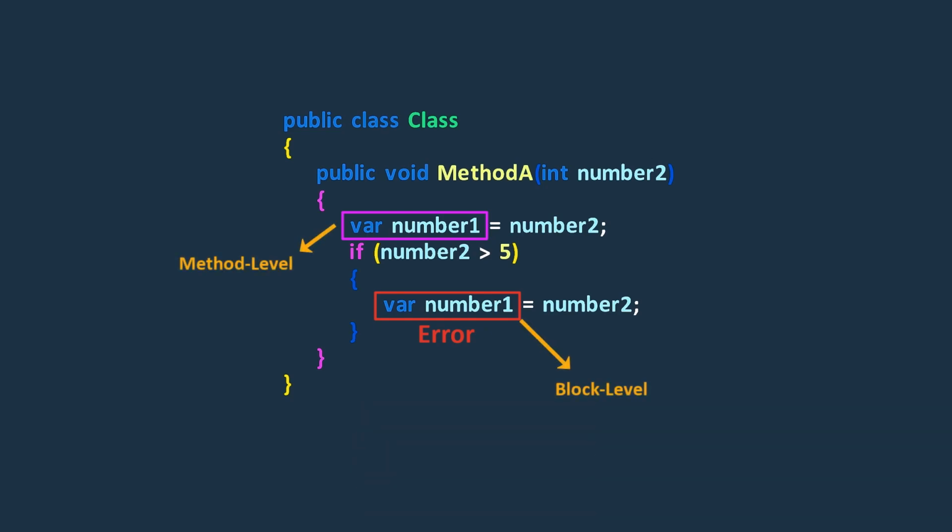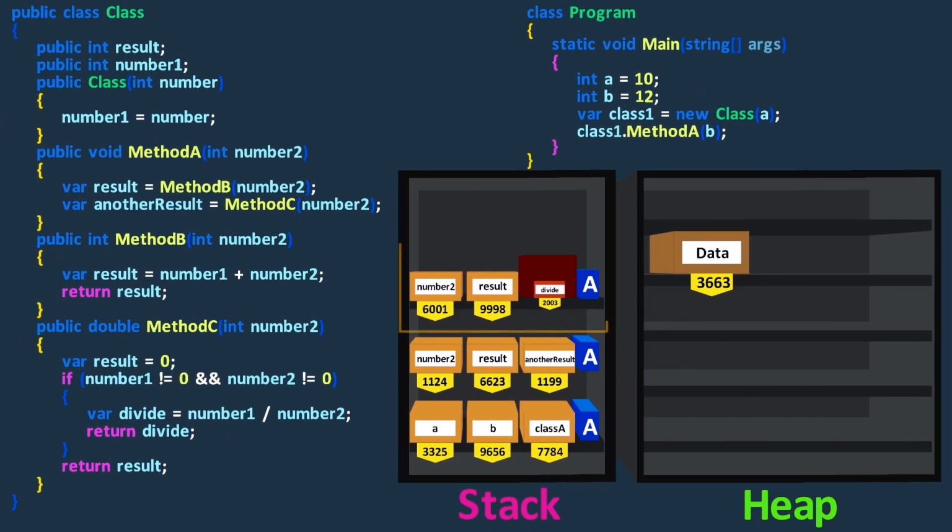This applies when one variable has method level scope and the other has block level scope. For instance, let's consider the stack frame of a method called method C. If we try to declare a variable named result within the space meant for div block, we'll encounter an error.